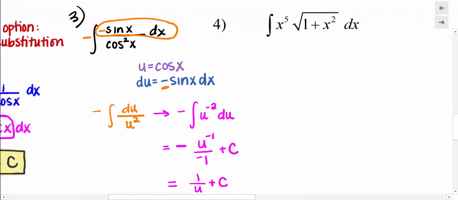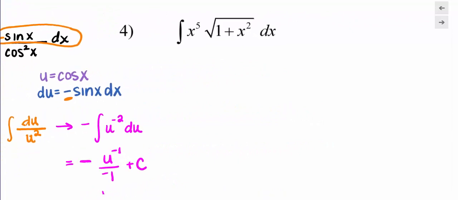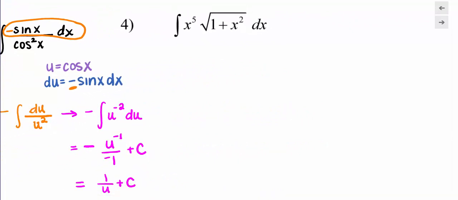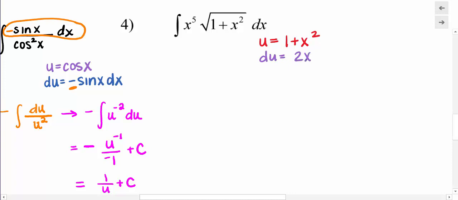All right, so let's look at number 4 here and look at this extra variable case again, and also look at the inside-outside again. So again, I hope that identifying our u is not our source of confusion, but in this case, I want u to be 1 plus x squared. And then my du is going to be 2x dx.